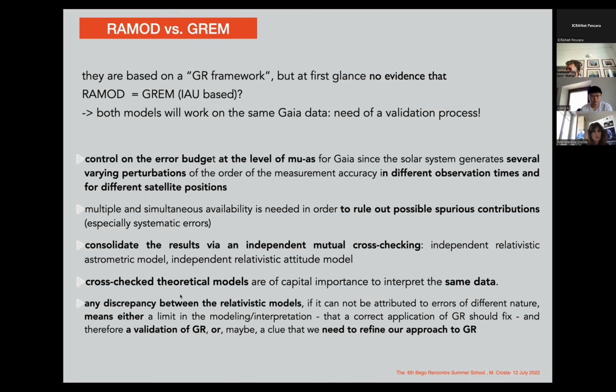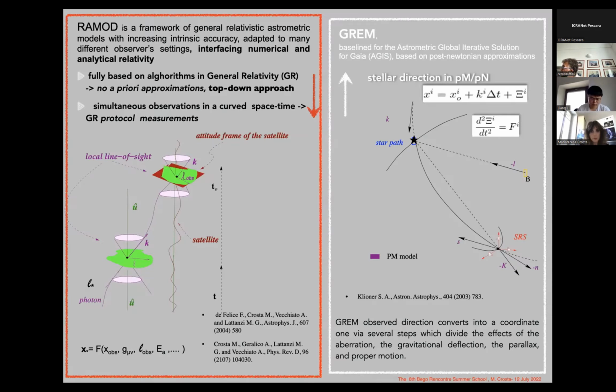Cross-checked theoretical models are of capital importance to interpret the same data. So any discrepancy between relativistic models means either a validation of general relativity, or a clue that we need to refine our relativistic approach to general relativity. So this part is very fundamental, as it allows Gaia to guarantee its scientific products.